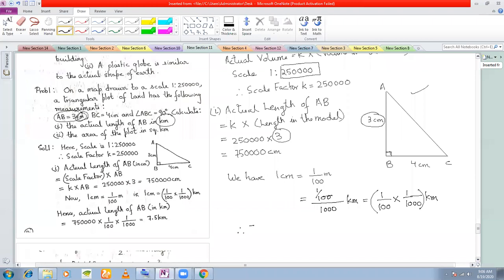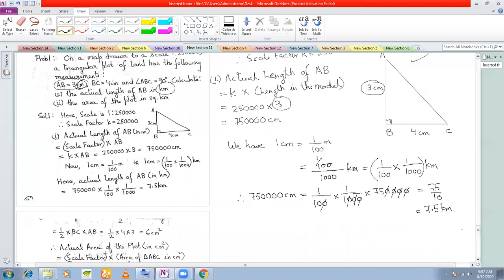Therefore, 7,50,000 centimeters is equal to 1 by 100 into 1 by 1000 into 7,50,000. There are 4 zeros here, 1, 2, 3, 4. This cancels, so you simply get 75 by 10, which is 7.5 kilometers. Any questions with this? No question. Then we can move on to the next one.